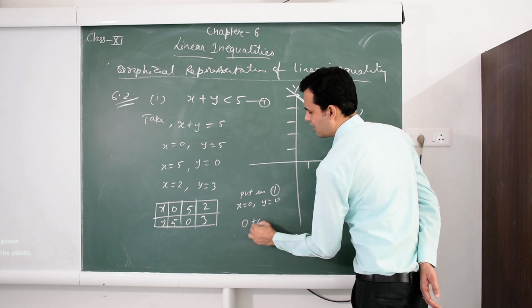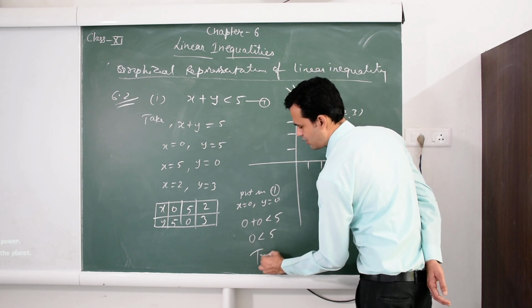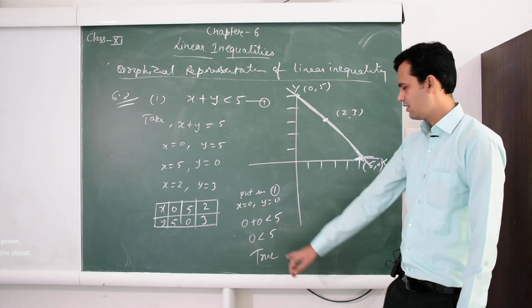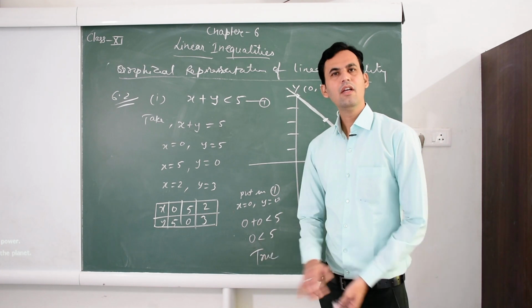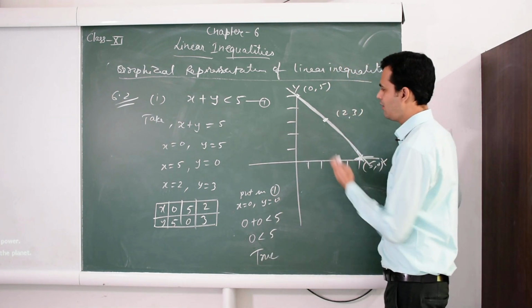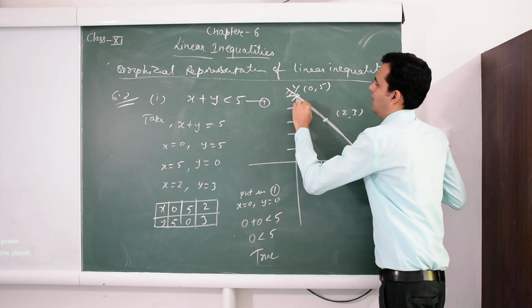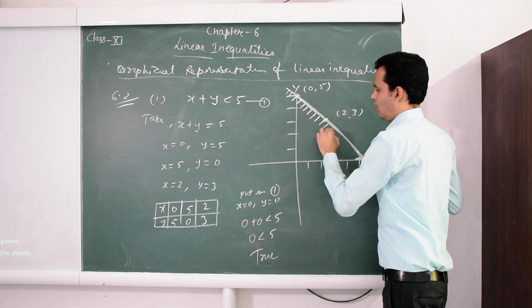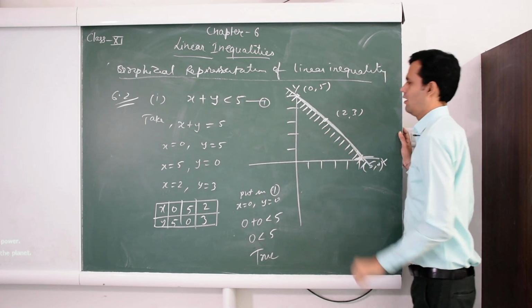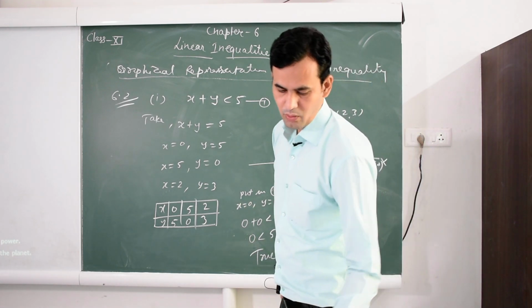So 0 plus 0 less than 5, it means 0 is less than 5, the condition is true. 0 is always less than 5. If the condition is true, then we shade the graphical portion towards the origin. This is the graphical representation of exercise question number 1.